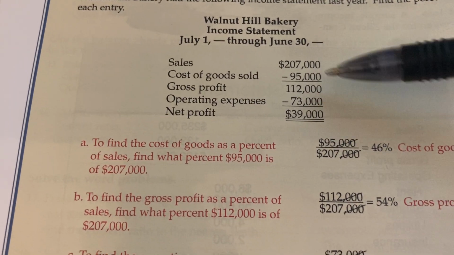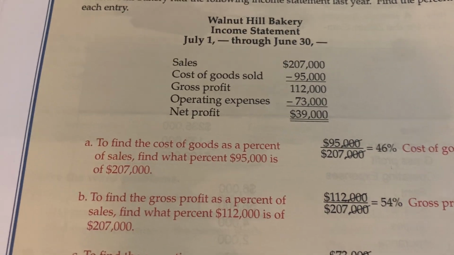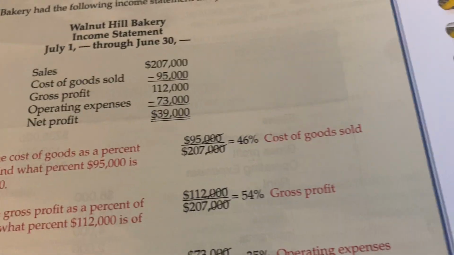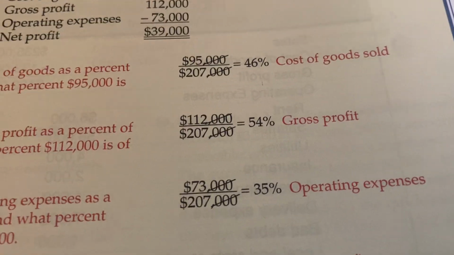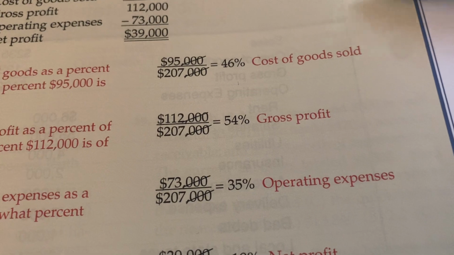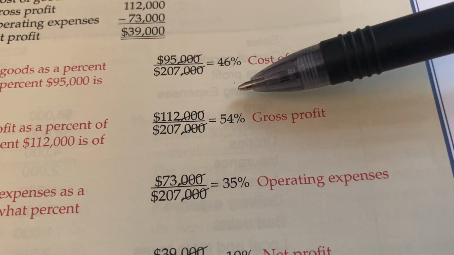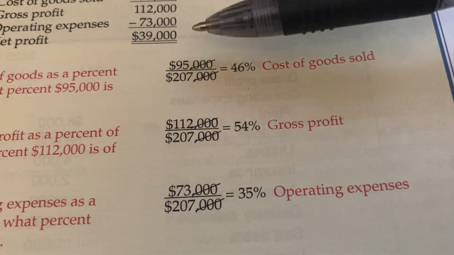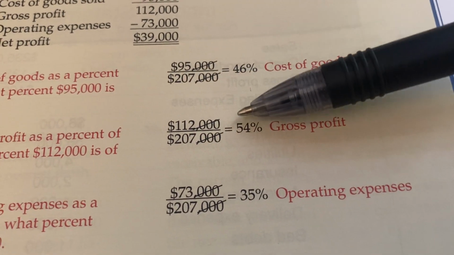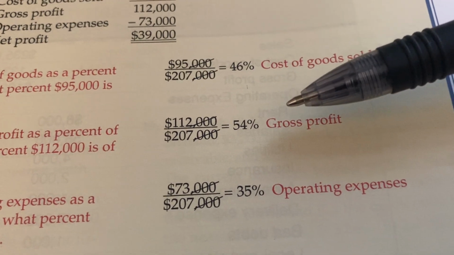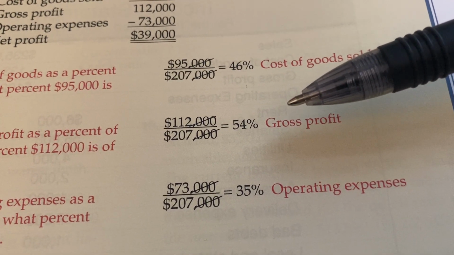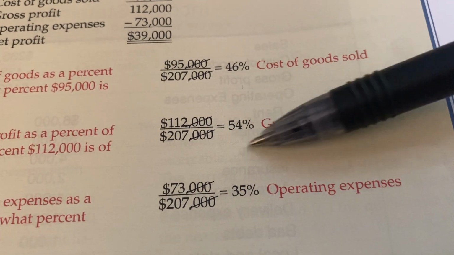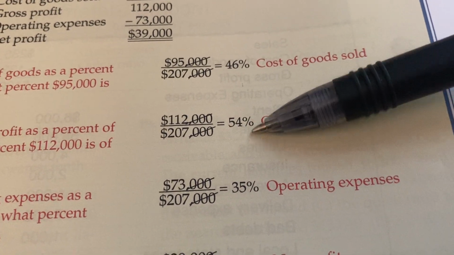So the cost of the goods is 46%. Then we subtract. To find the gross profit as a percent, find what percent 112,000 is of 207,000. What is 112 over 207? From the calculator, it's 54%.